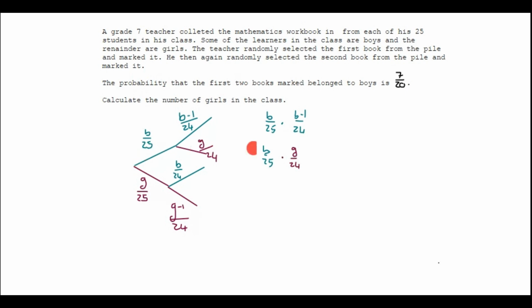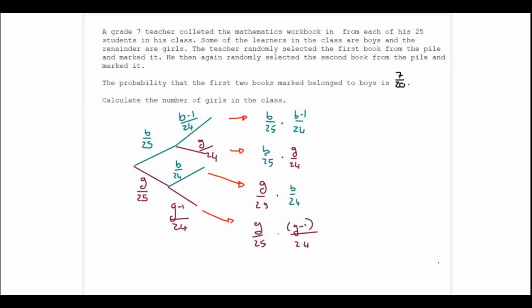That is for that branch. If we follow this pathway of girls, boys, we get that, or girls, girls, we get that. But like we said, this question just focuses on the top one, and it tells us that our answer for that product has to be 7 over 20.